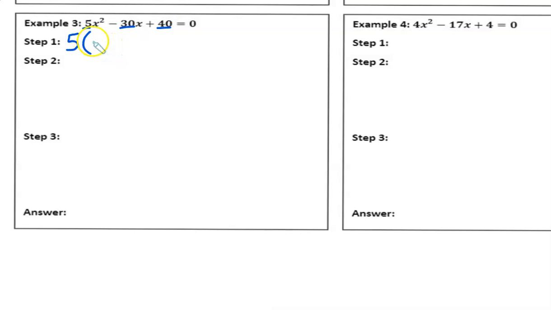So divide everything by 5. So 5 divided by 5 is 1. 30 divided by 5 is, ooh, not 4. It is a 6. Just kidding. It's a 6. And then 40 divided by 5 is 8, and then equals 0.